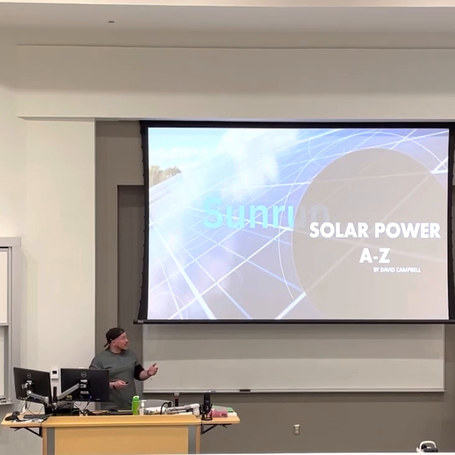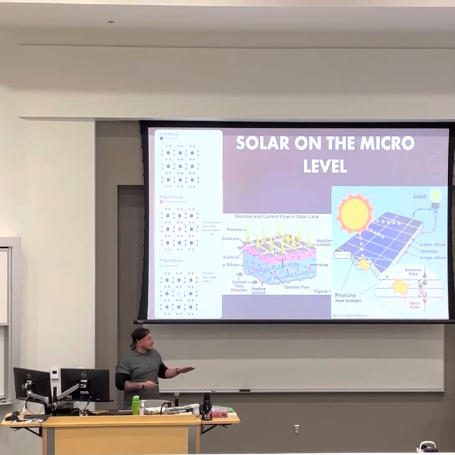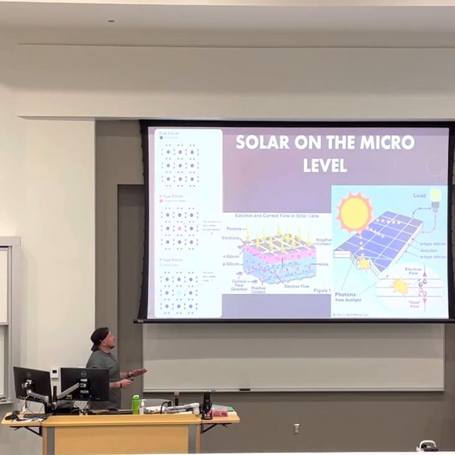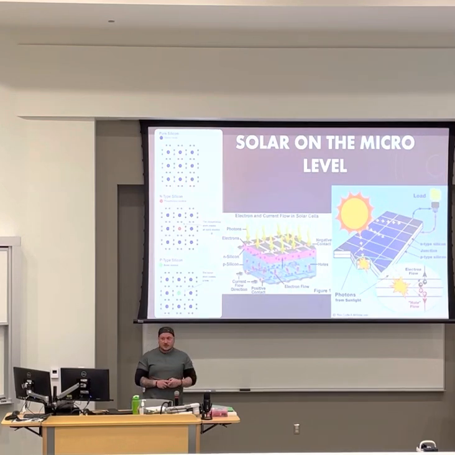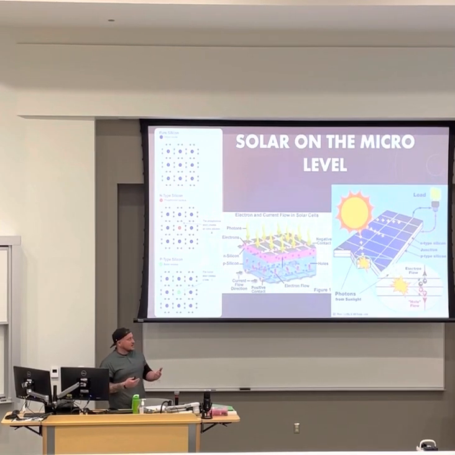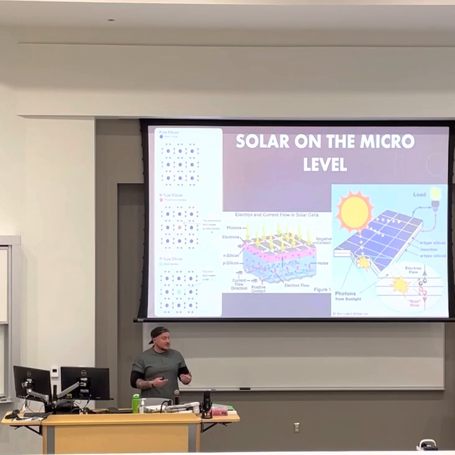So this first slide, it's a little bit of chemistry in here. Solar panels use the most abundant energy out there, which is the sun. And it uses the second most abundant resource in the world, which is silicon, which is sand. So sand is basically what makes up solar panels.